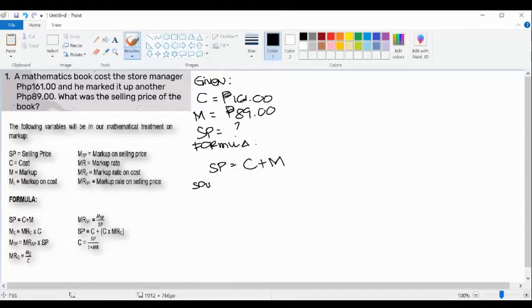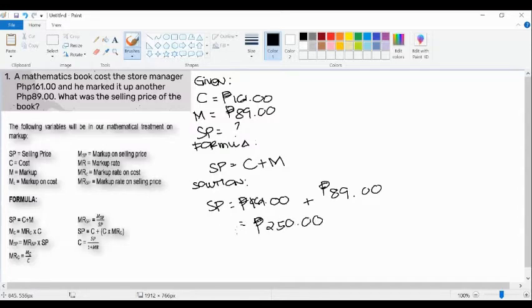So solution, selling price is equal to 161 pesos plus 89 pesos. That will give you an answer of 250 pesos. So this will be your selling price.